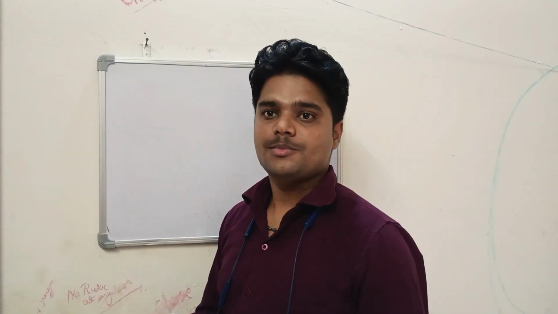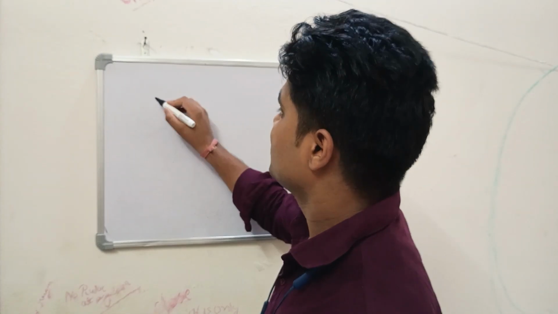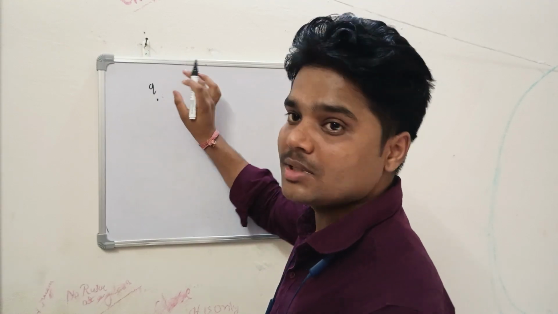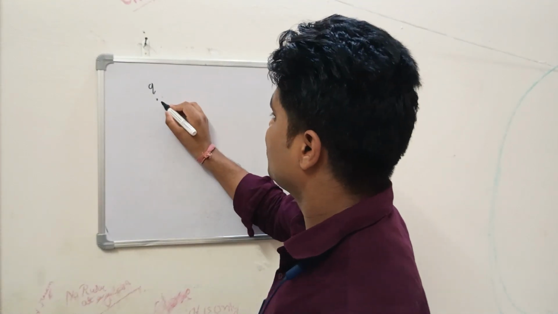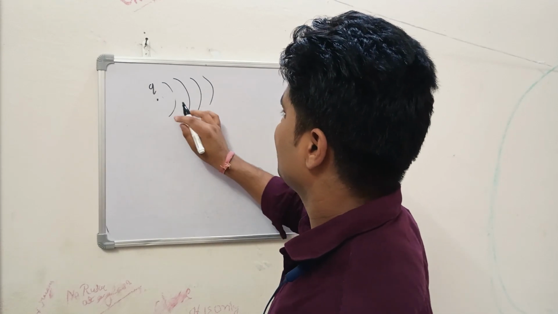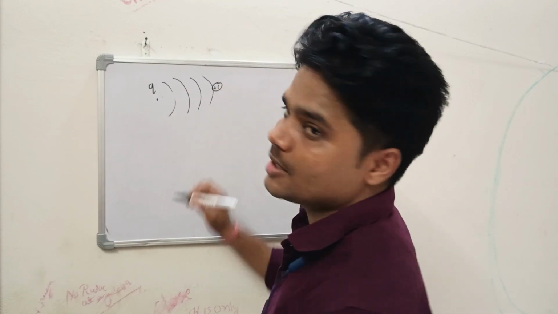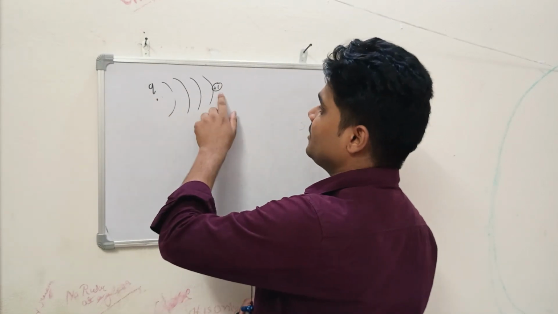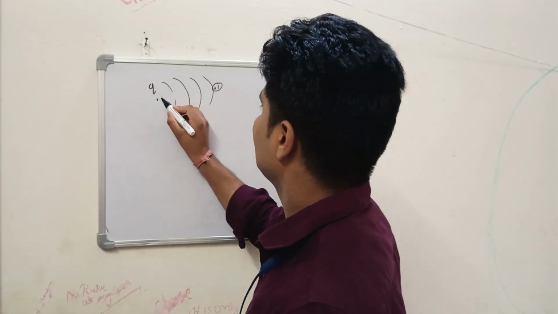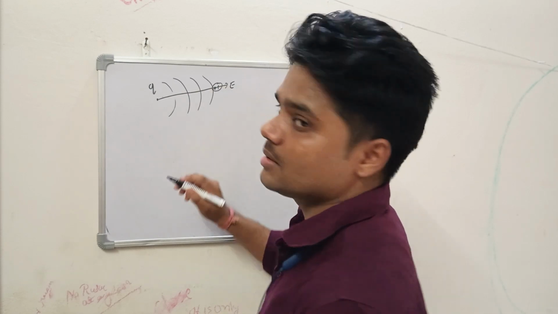Now, along with Coulomb's law, let us discuss a little bit about the electric field. How does the electric field work? Suppose a charge is situated here whose magnitude is Q. It will spread an electric field around it. And suppose a test charge of plus 1 magnitude feels an electric field in this direction.